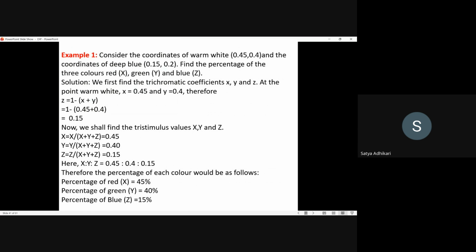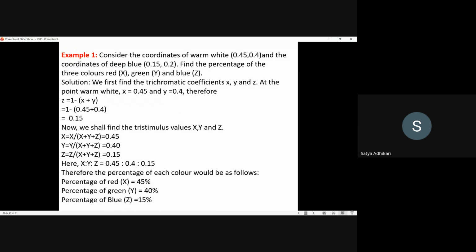The value of z is easily calculated because x plus y plus z equals 1. Subtracting the sum of x plus y from 1, we get z equals 1 minus 0.45 minus 0.4 equals 0.15. So the value of z equals 0.15.